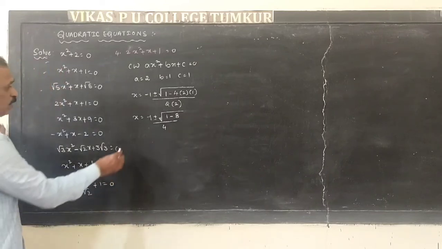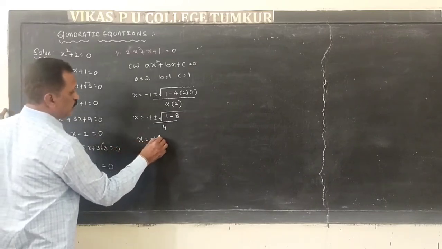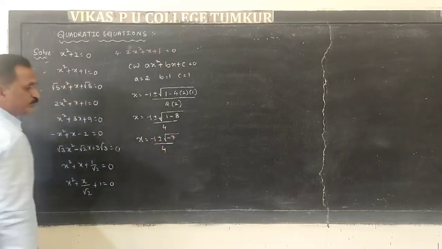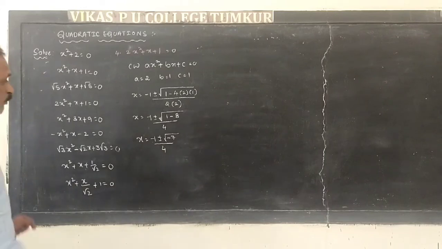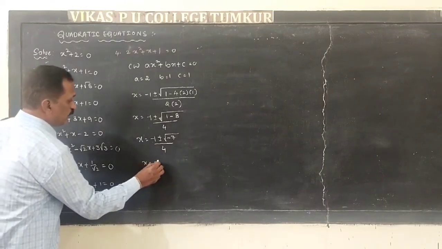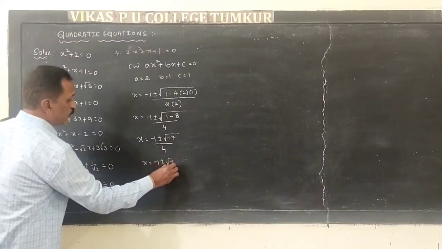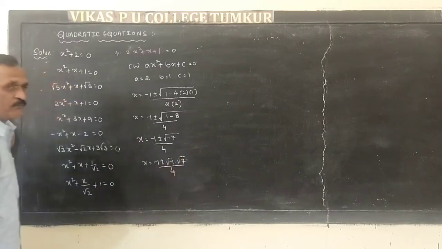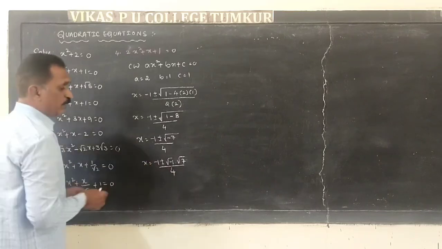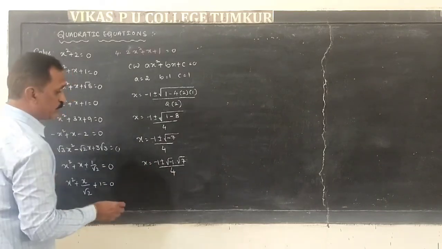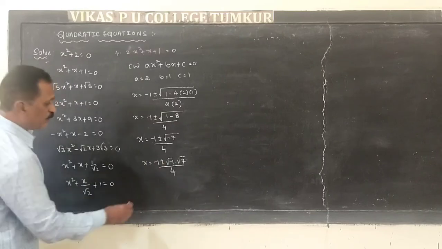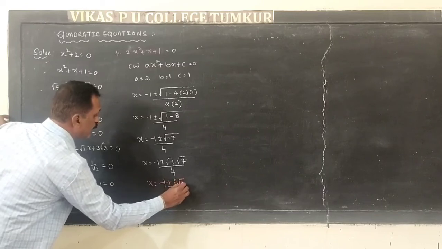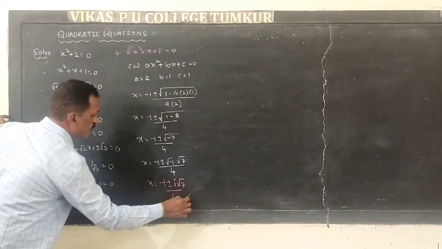Can you simplify further? x is equal to minus 1 plus or minus root of minus 7 divided by 4. As in the previous problem, x is equal to minus 1 plus or minus root of minus 1 into root 7 divided by 4. Now the idea is simple: write root of minus 1 as a complex value or an imaginary number, then the value of x is equal to minus 1 plus or minus i root 7 divided by 4. So this will be your solution now. Very simple.